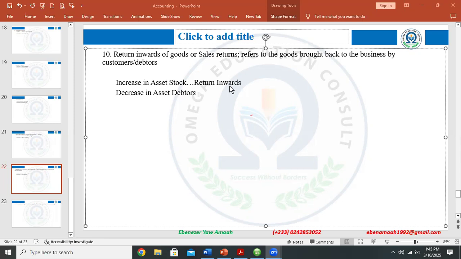And then when I wore my shoe, I saw that the size is bigger than my size. So I returned the shoe back to you, Akoli, the business. So Akoli, you are going to acknowledge that you have gotten back a shoe, so your shoe will increase, right?